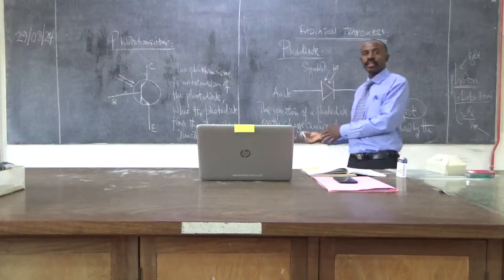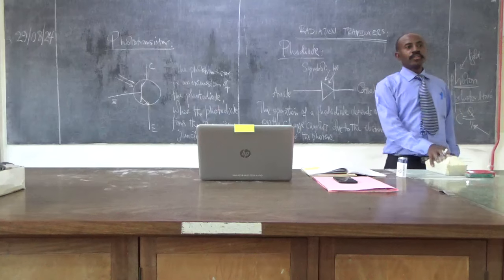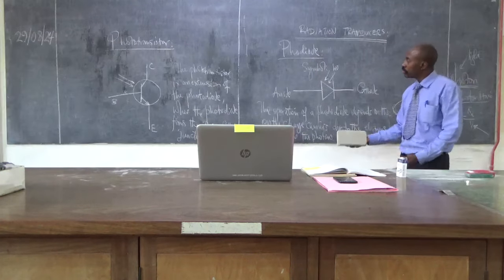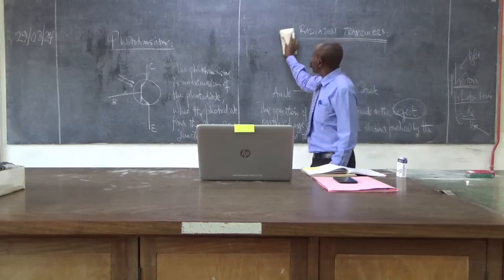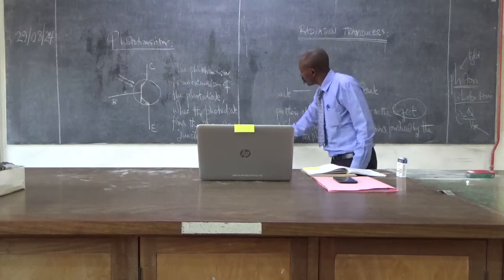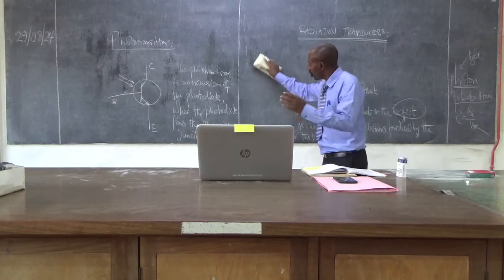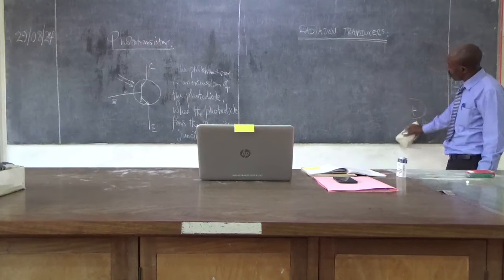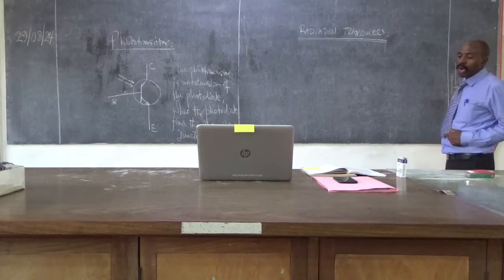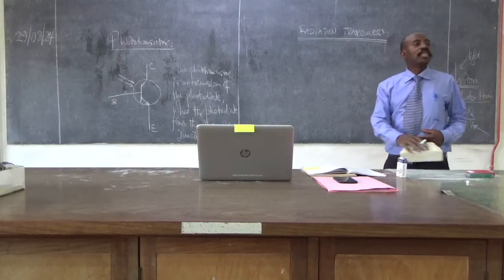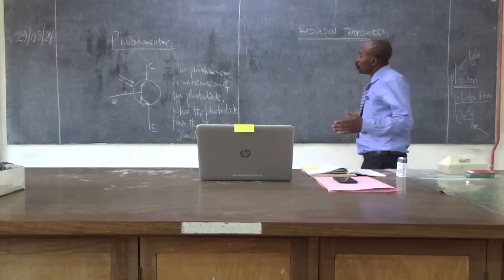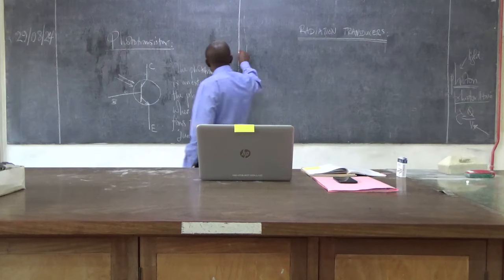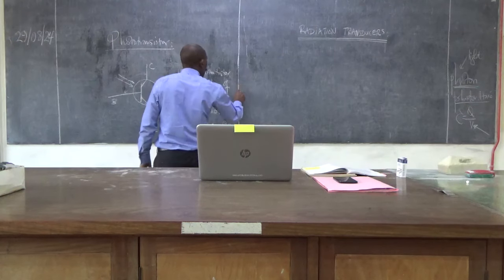So you can see why you first need to do electronics and then eventually do instrumentation, because now I don't have to explain the diode, the base, the junction, the depletion layer. You all know why a diode can emit light when there is dissociation of the charges across the junction.